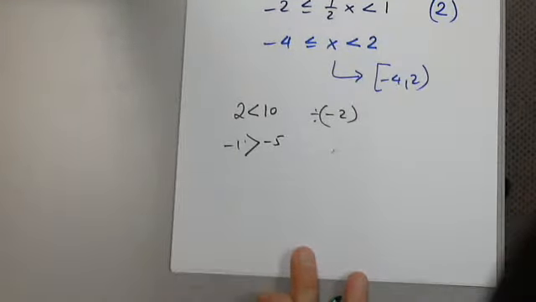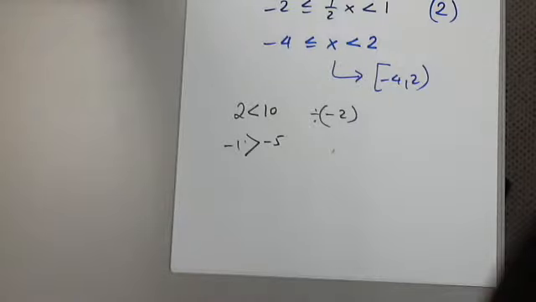We have to switch the inequality symbol. It switches when you divide by a negative, or multiply. Divide or multiply by a negative number, we have to switch the inequality symbol.